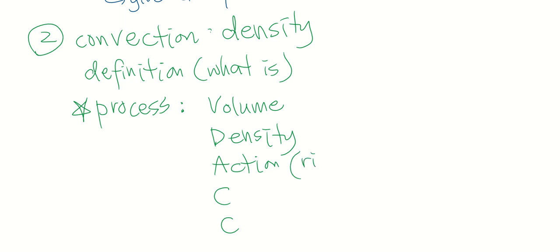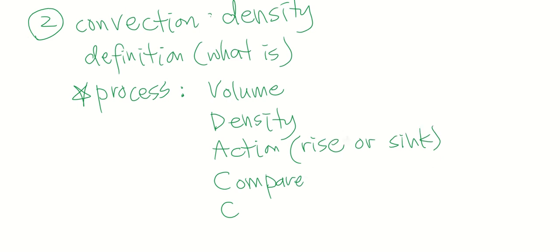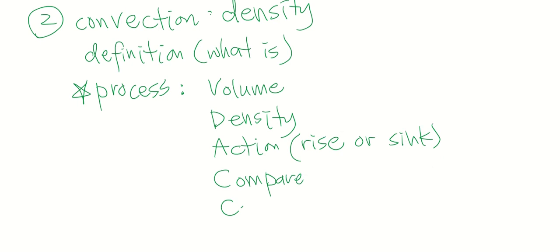Either rise or sink. And then you do a comparison, right? Then follow with a conclusion, which is a convection current is formed. Okay? So this is the VDACC.